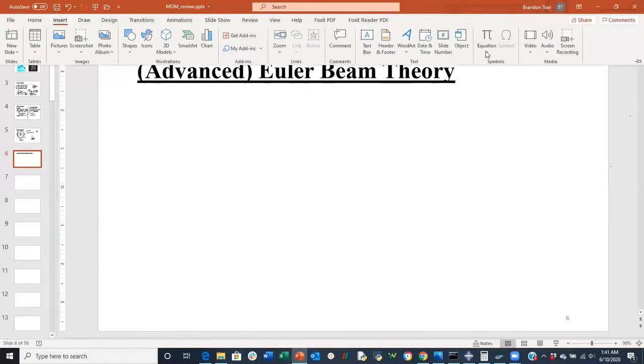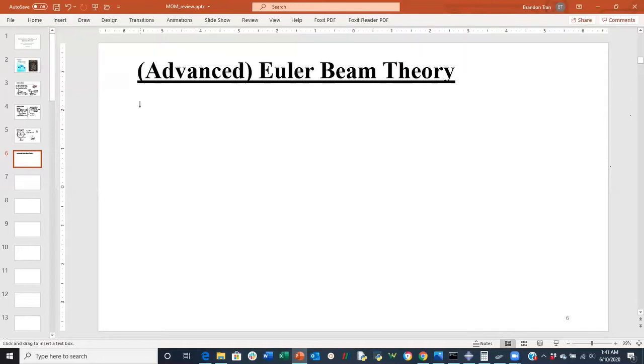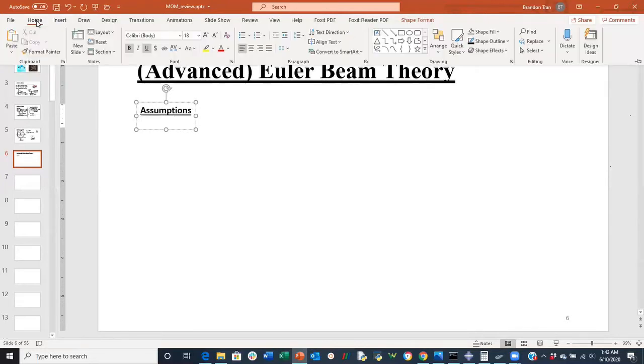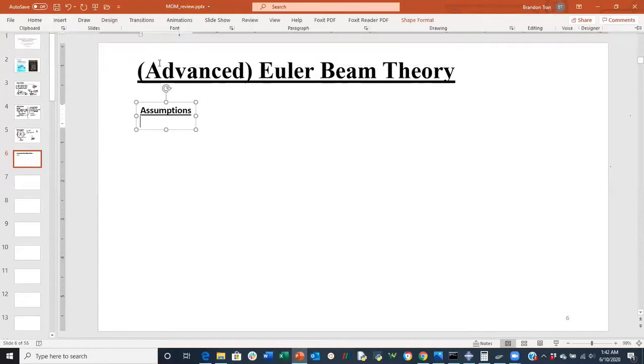Like all engineering approximations, it starts off with assumptions. So we make the following assumptions in order to navigate through beam theory, and these assumptions must be met before you use this method.